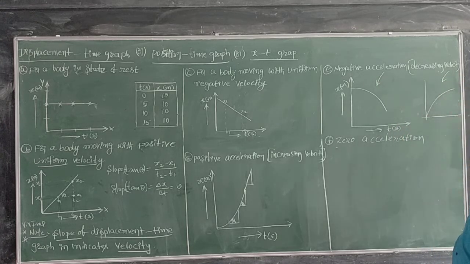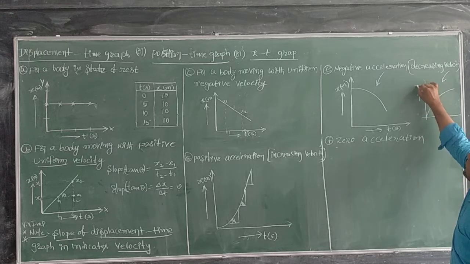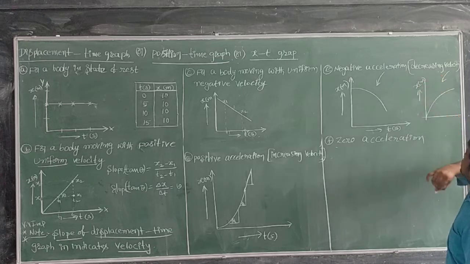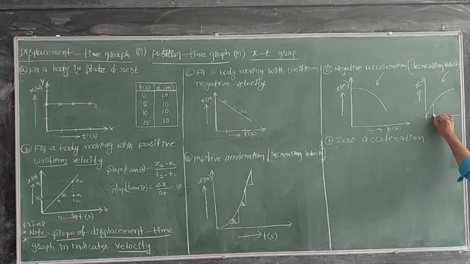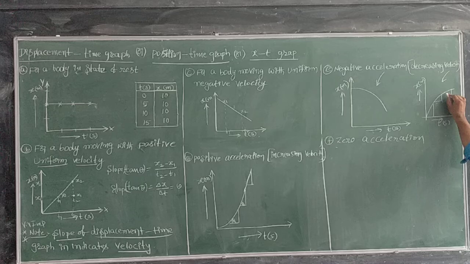Like this also you can take. Here this is the x-axis, x meters, and this is the time, t seconds. Here the slope is initially very large. If you come here, the slope value has decreased, and still here the slope value has decreased.